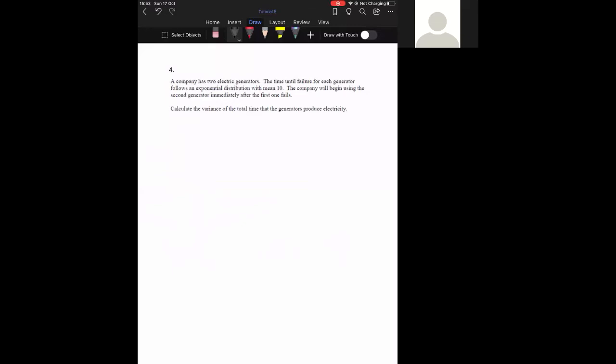Okay, so a company has two electric generators. The time until failure for each generator follows an exponential distribution with mean 10.